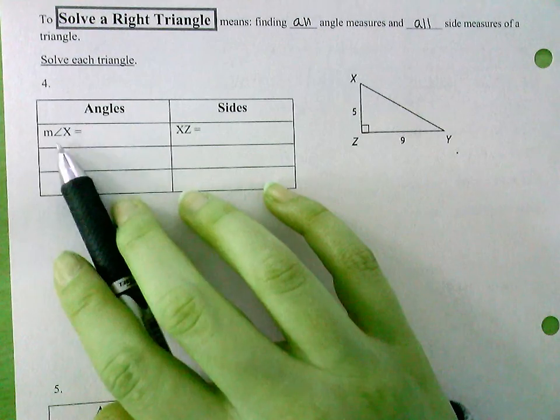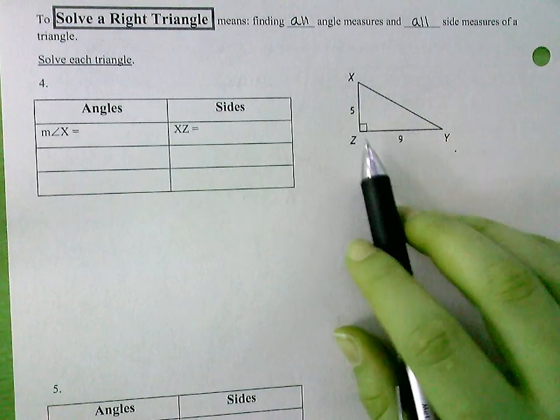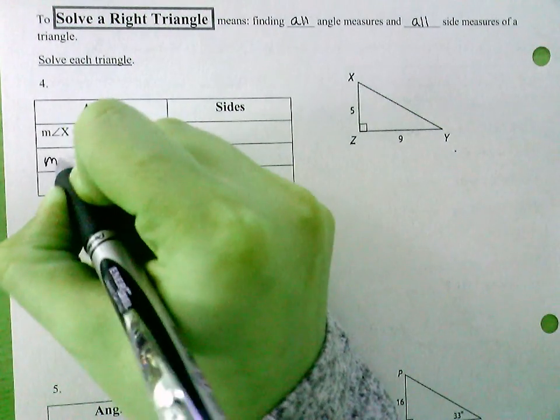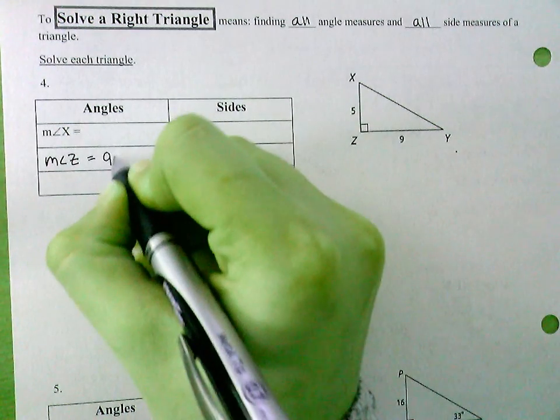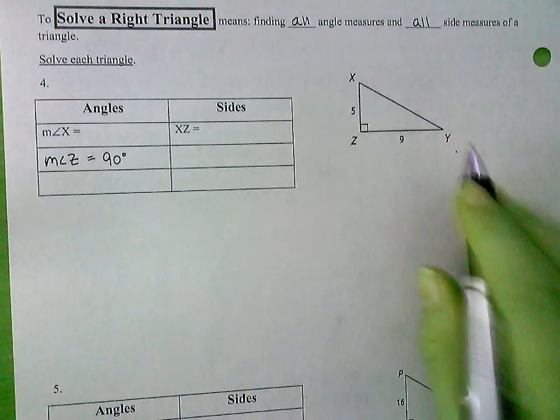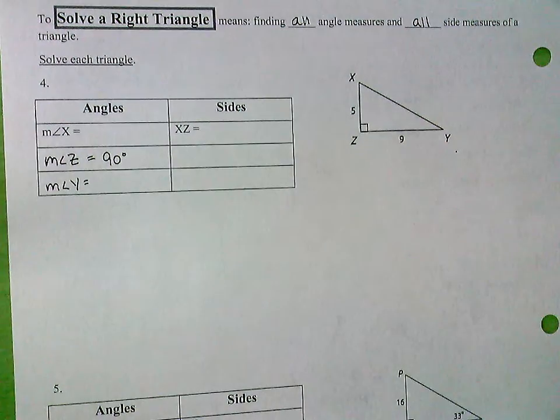Right off the bat, I have the measure of angle x. I don't know that one yet. I also need the measure of angle z. What's the measure of angle z? 90. And then I also need the measure of angle y. Again, I don't know that one yet.